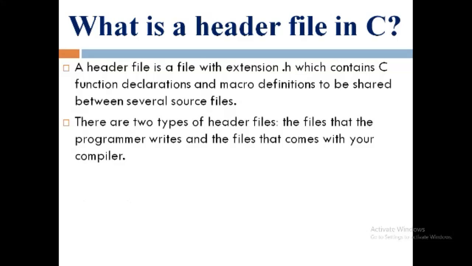There are two types of header files: the files that the programmer writes and the files that come with your compiler. These are the two types of header files which are useful in the computer system and in the C programming language.